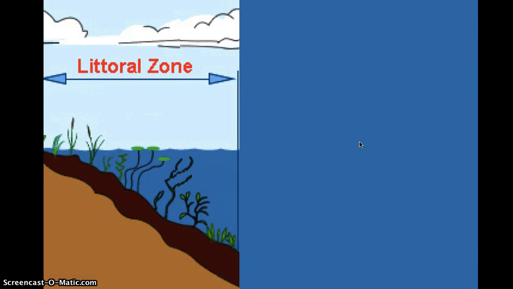So the littoral zone, think of lit for light, that's near the shore, and it's shallow, and it's a fully euphotic zone. Light penetrates the entire zone. If you're going to compare the littoral zone to a marine ecosystem, think of it as the coastal zone or intertidal neritic zone.